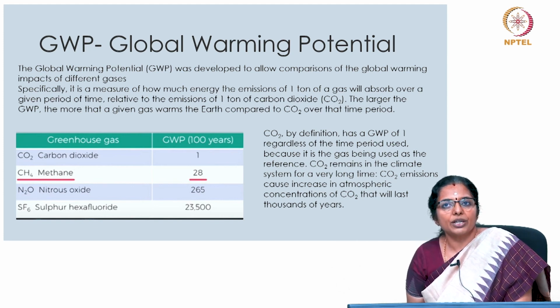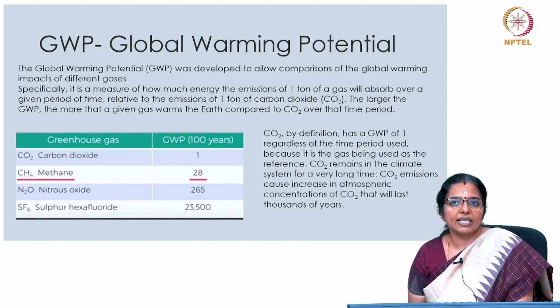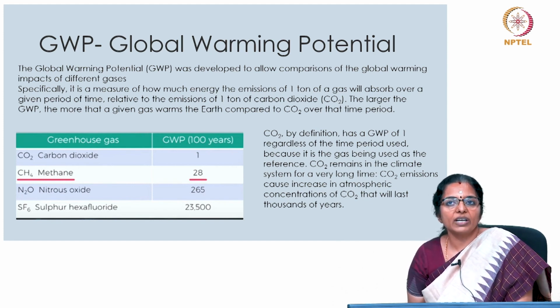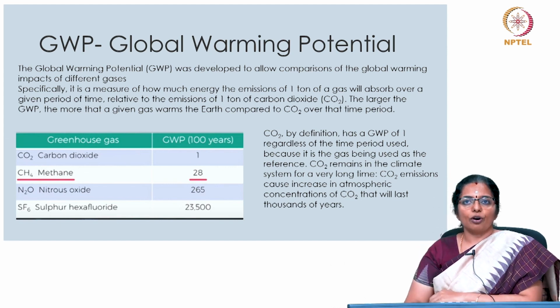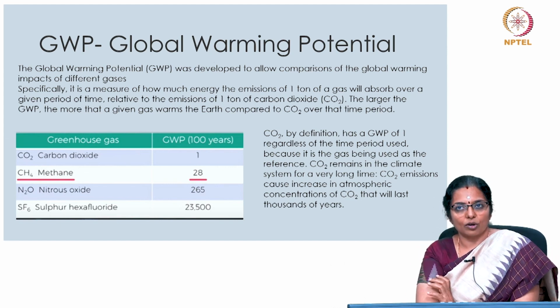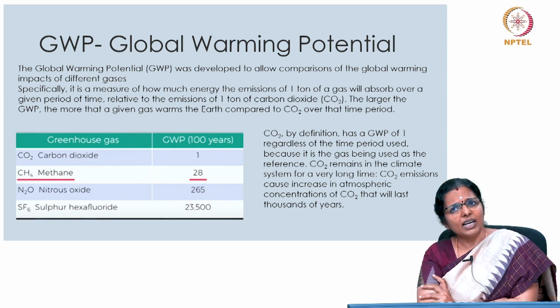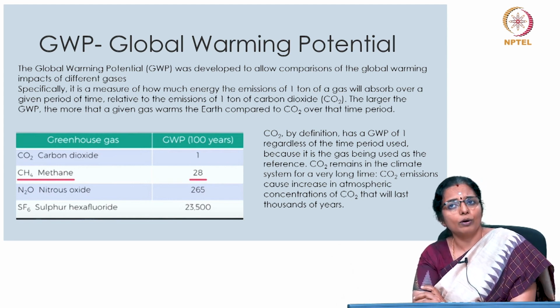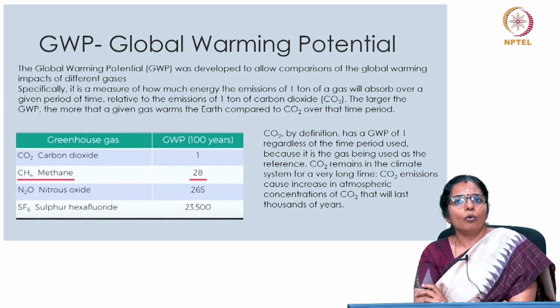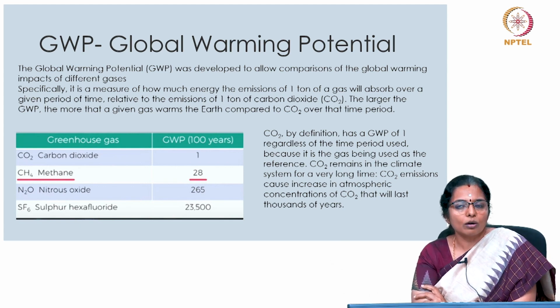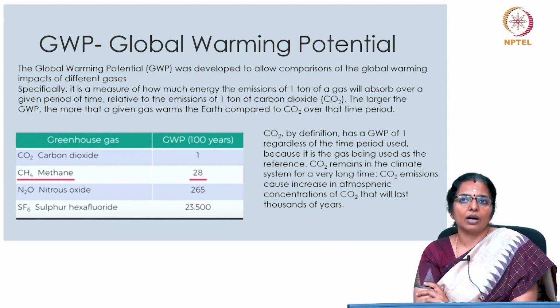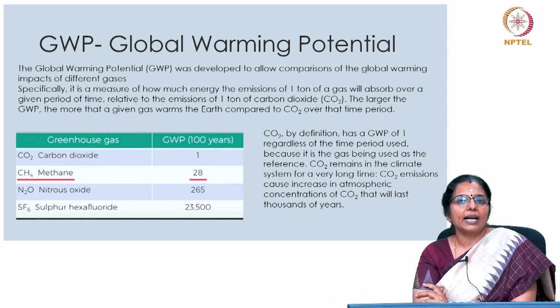Specifically, it is a measure of how much energy the emission of 1 ton of a gas will absorb over a given period of time relative to the emission of 1 ton of carbon dioxide. The larger the GWP, global warming potential, the more that a given gas warms the earth compared to carbon dioxide over that time period.